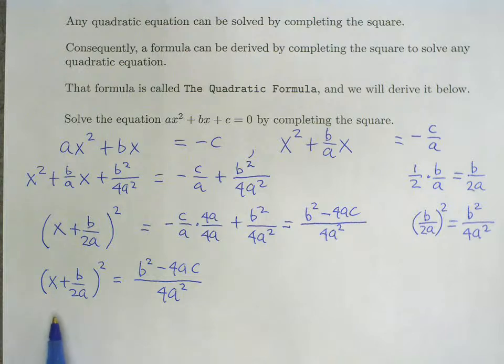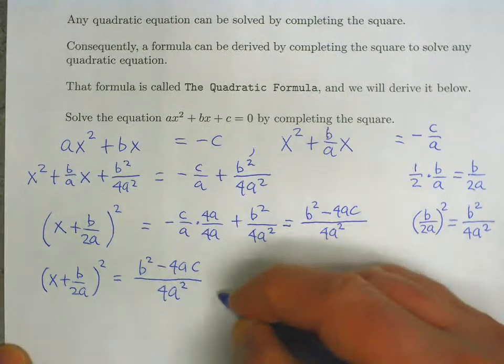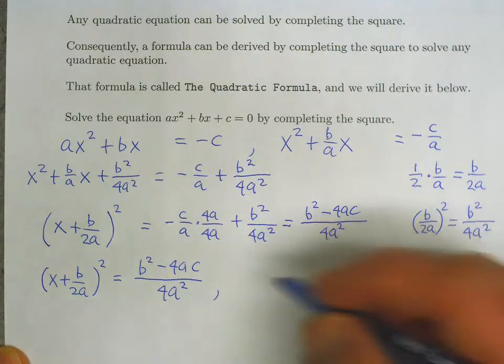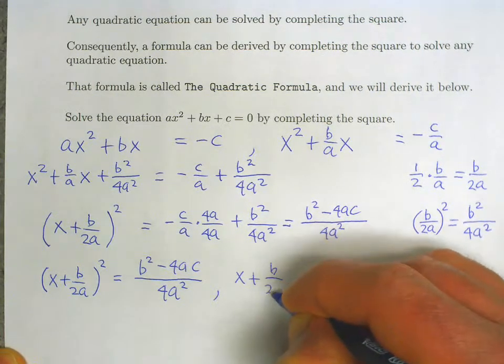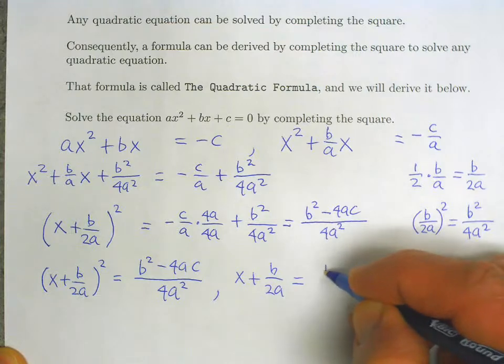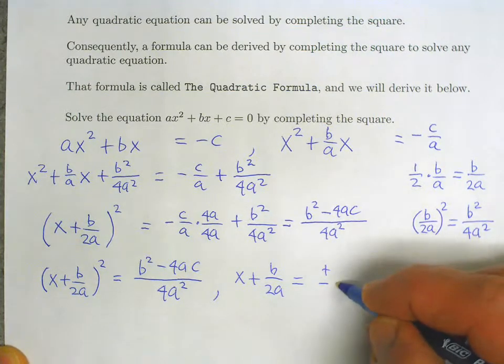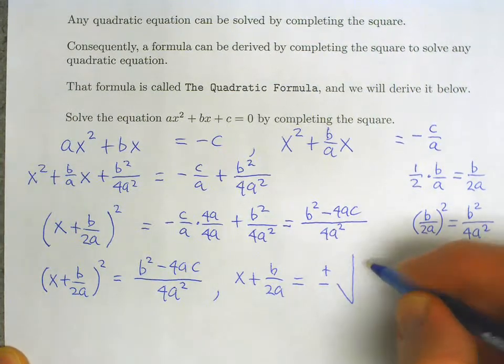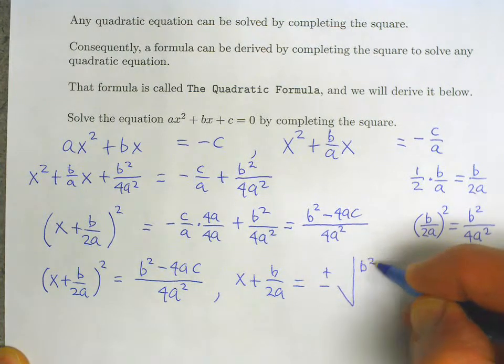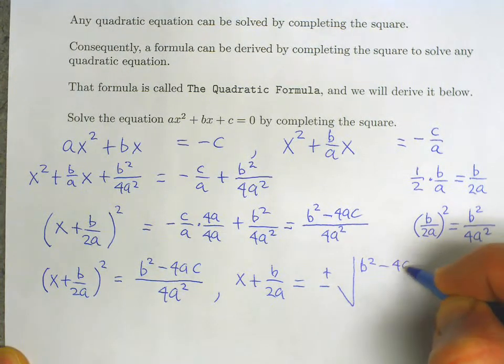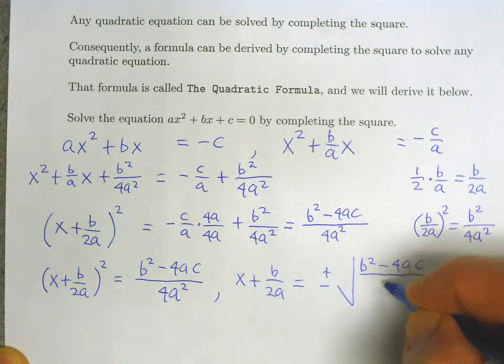Since the binomial x plus b over 2a squared equals b to the second minus 4ac over 4a to the second, we can apply the square root property and we get x plus b over 2a equals positive and negative square root of that entire rational expression. So inside the square root, we have b to the second minus 4ac over 4a to the second.